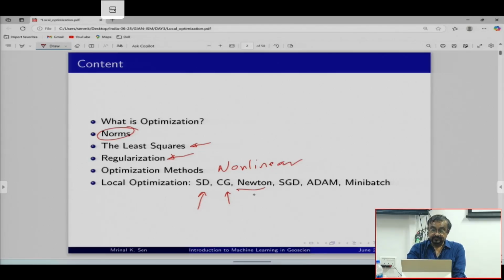And what I would really like to draw your attention to are some of the newer methods which are quite popular in machine learning training. And those are variants of steepest descent. These are called stochastic gradient descent. Then there is something called ADAM. And I will also talk about making use of mini batches of the data to improve efficiency, okay?